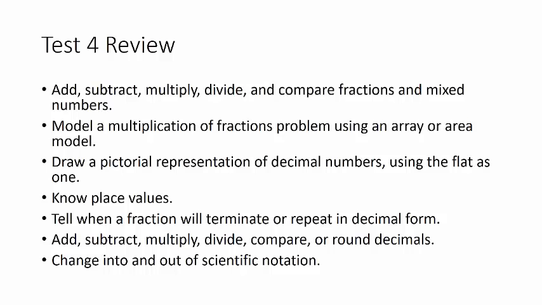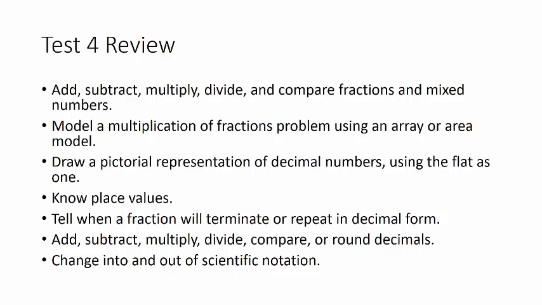The next item, tell when a fraction will terminate or repeat in decimal form. A fraction will terminate in decimal form when the prime factors of the denominator are only 2 or 5, or a combination of 2 and 5. The decimal form of a fraction will repeat when the denominator has any prime factor other than 2 or 5.